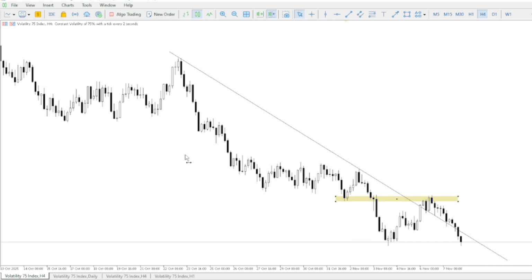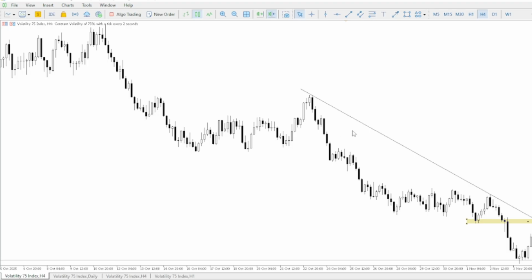You understand? It's just like this level, where price broke out of this level and fell down, and also the way price broke out of this level and fell down.